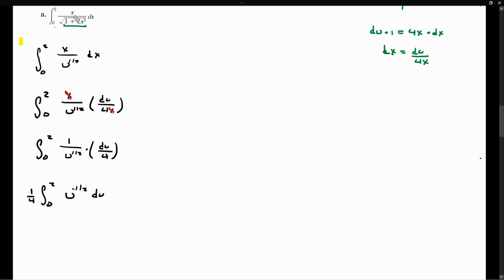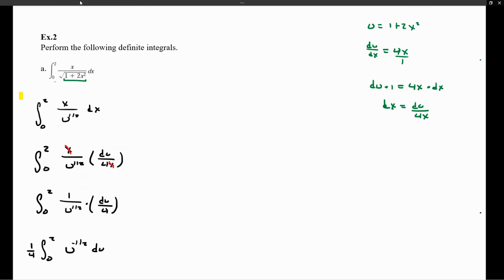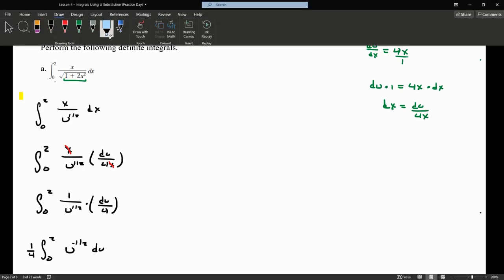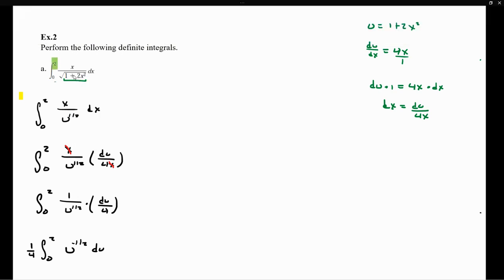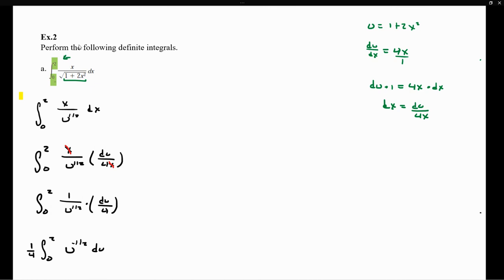But before we perform the integration, we have to acknowledge one thing: the limits of integration. If we go back to the original problem, notice that these limits of integration, the values of 0 and 2, were both given in terms of x. The original problem was given to us in terms of dx.